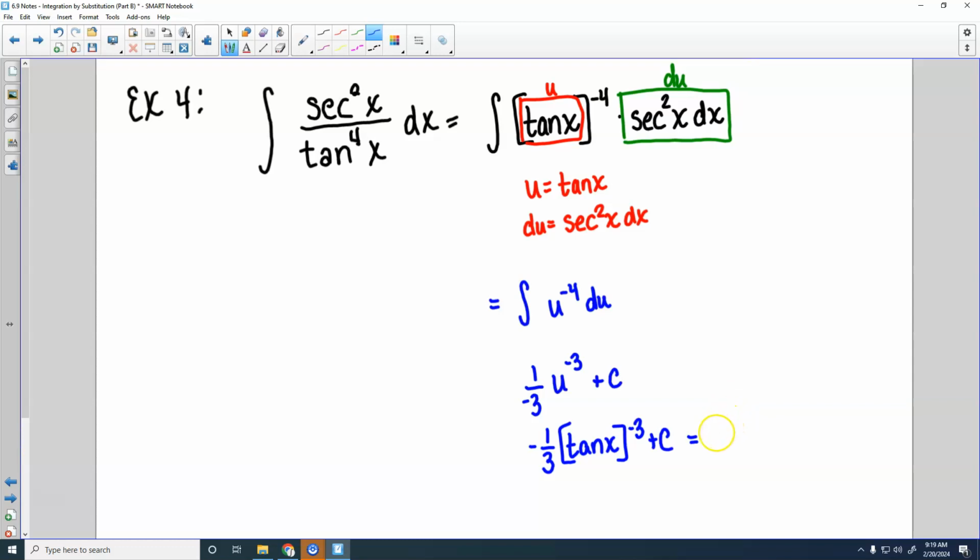So it'll be like negative 1 over 3 tangent cubed x plus c. Definitely, free response, you can stop here, leave negative exponents, it doesn't matter, but a lot of times for multiple choice, which is where you see these a lot, you're going to have this.